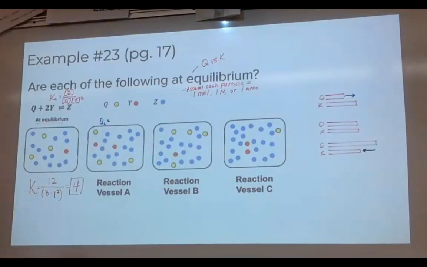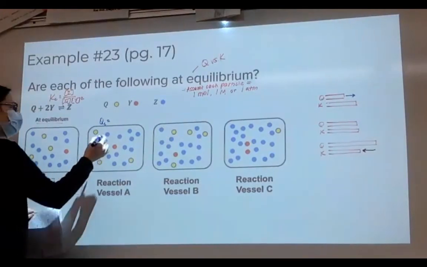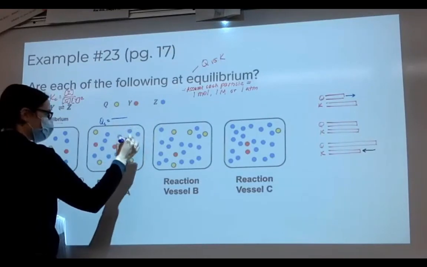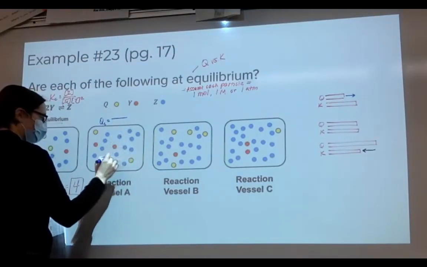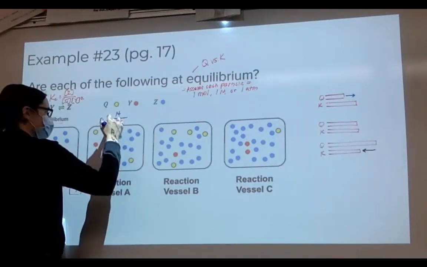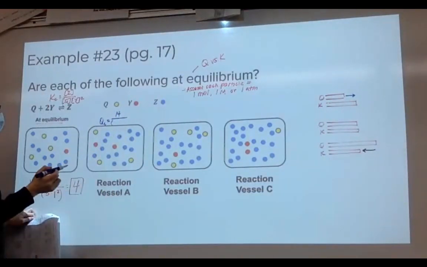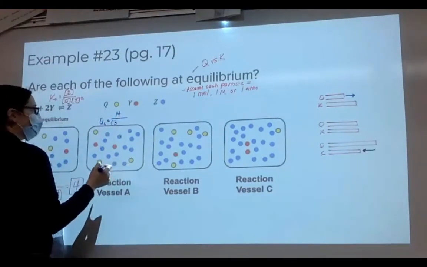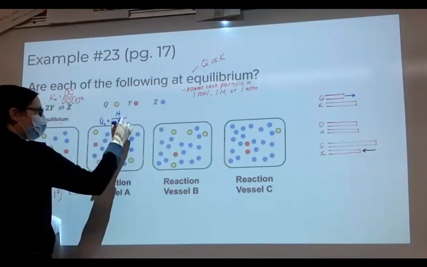we're counting all of our particles, so it's Z over Q times Y squared. Z, 1, 2, 3, 4, 14 over, Q is the yellow, 1, 2, 3, times Y squared.